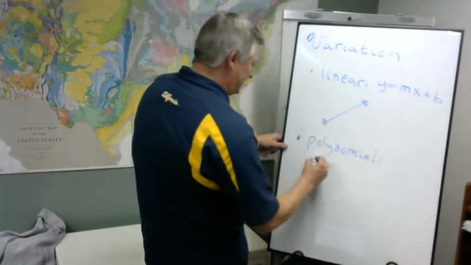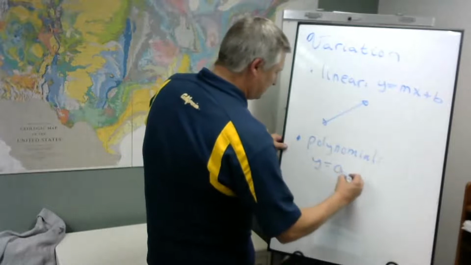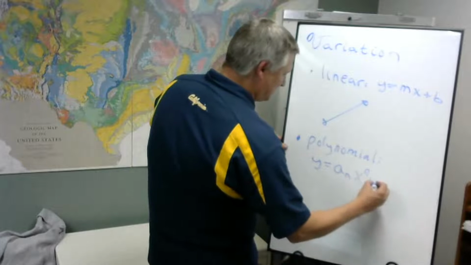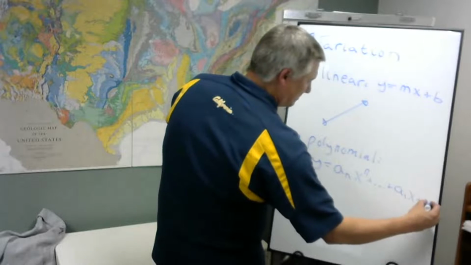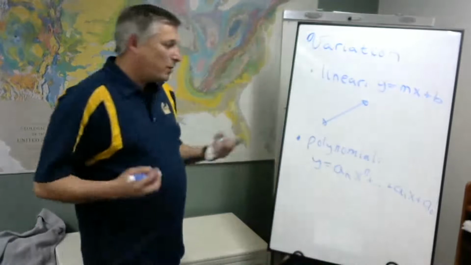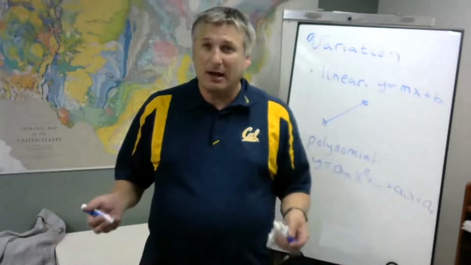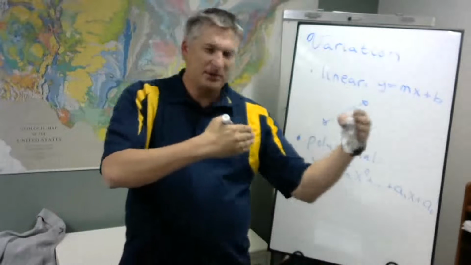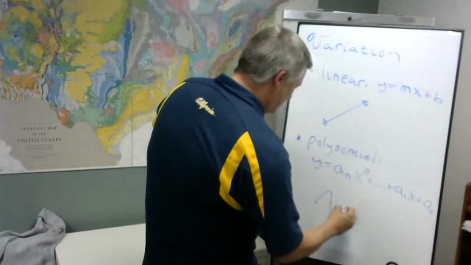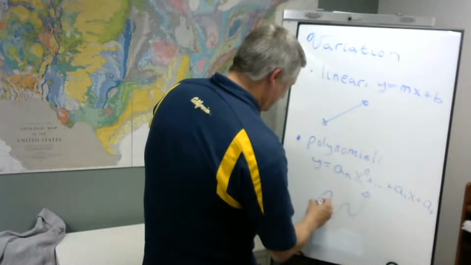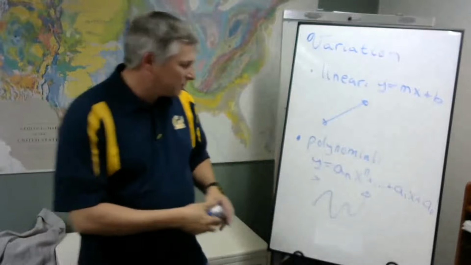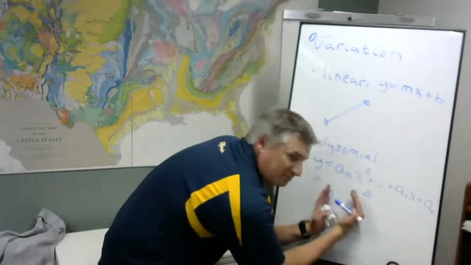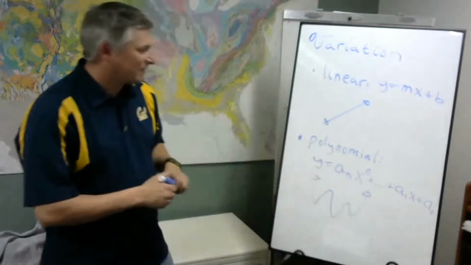And this might be something like y equals a_n x to the n, down to a1x plus a0. And we can use polynomials to describe all kinds of things, well, at least within a limited domain. We can usually describe some of the polynomials, say, close in like that.